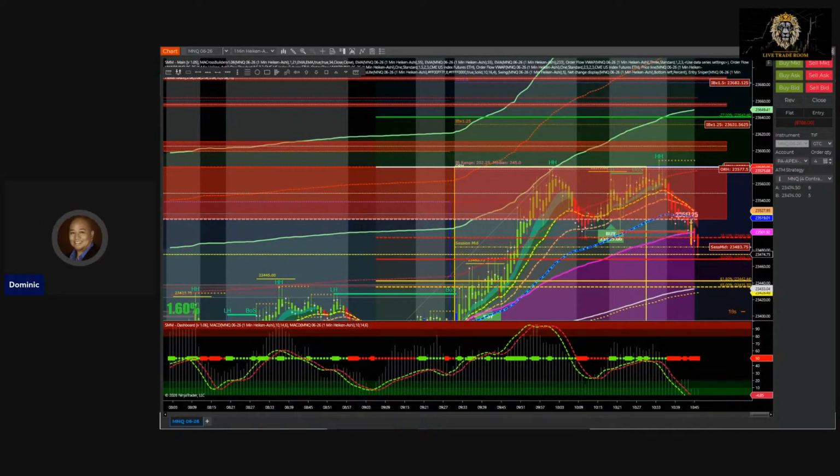Oh, the beeping sound is on another platform. That's on TradingView. Let me see. Stop screen share. Share the other view here. Share screen. Which one am I sharing here? The one with this one.